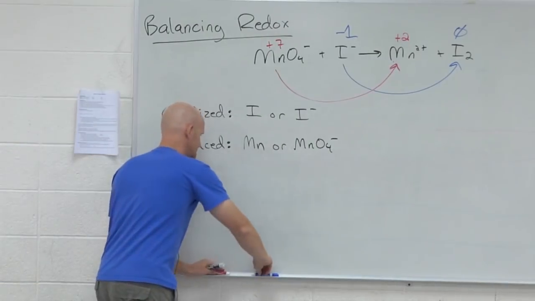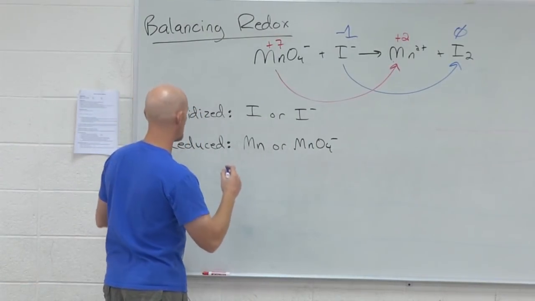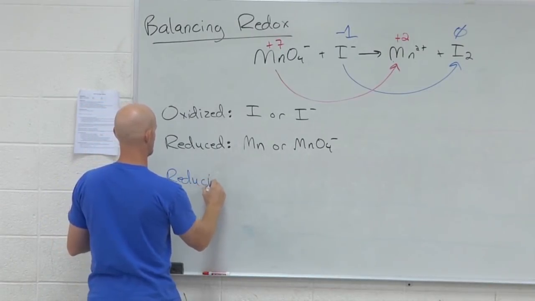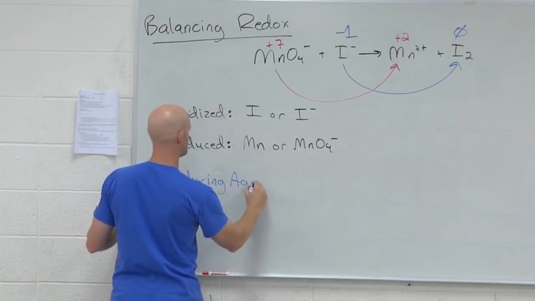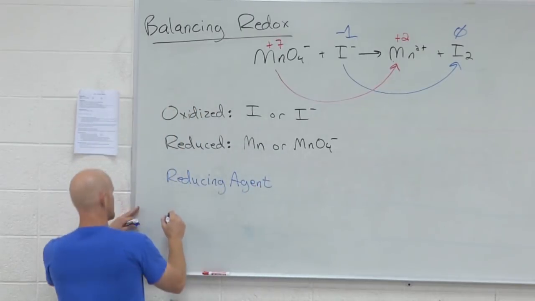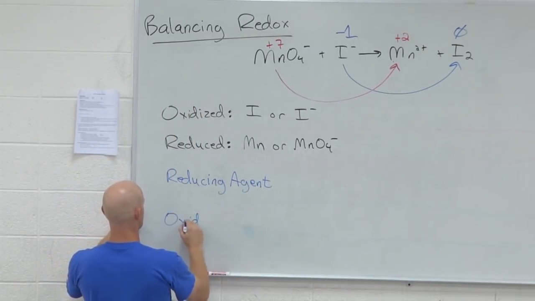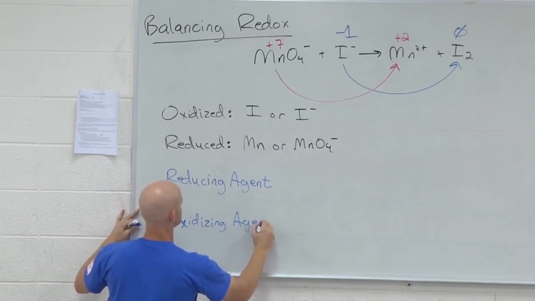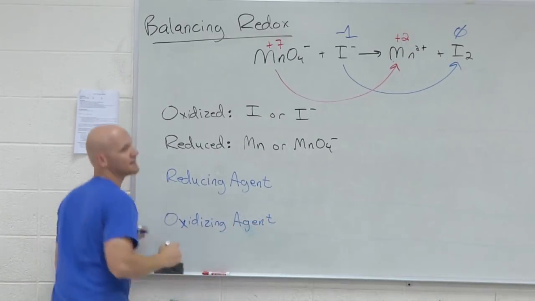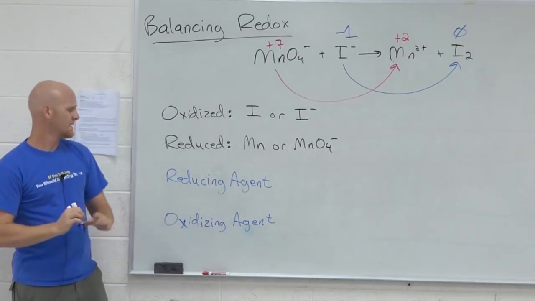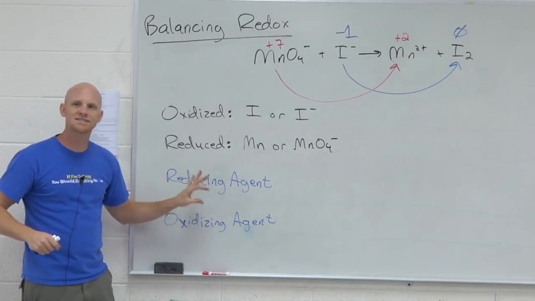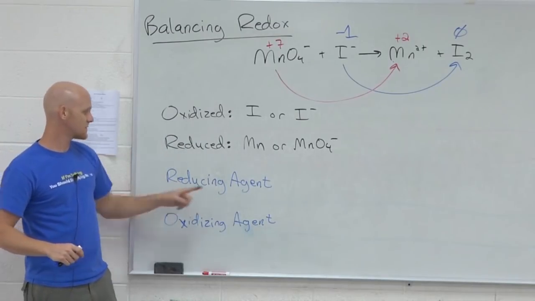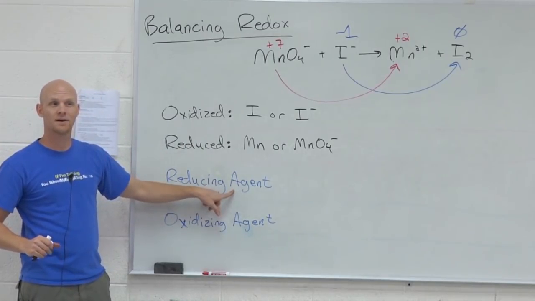Now here's the deal. The moment we start talking about the reducing agent, also called reductant, or the oxidizing agent, the only acceptable answer is the exact chemical species. In this case, the reducing agent got what?